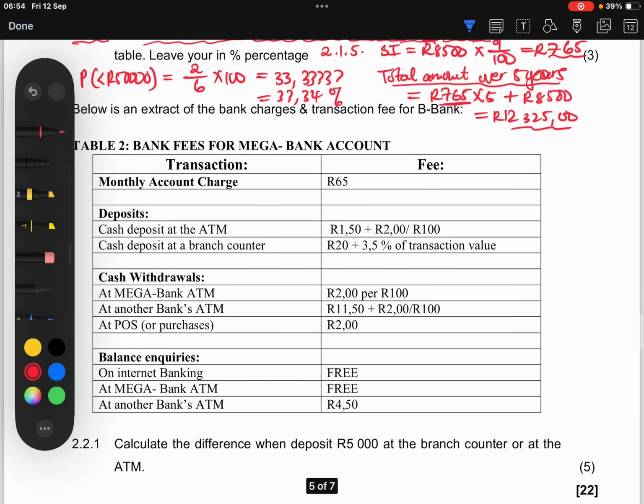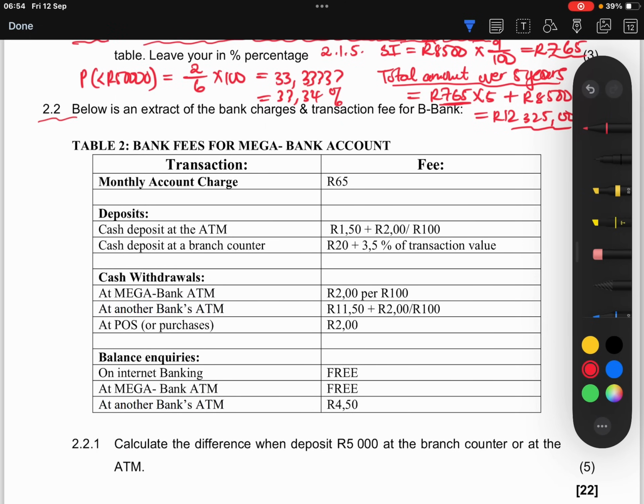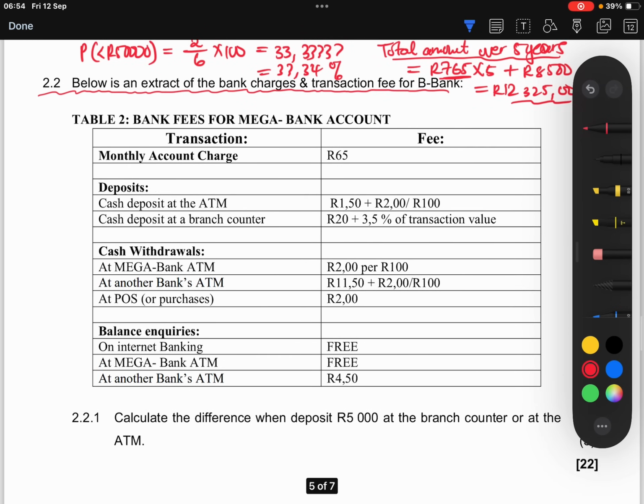Now, let's look at 2.2. It says below is an extract of the bank charges and the transactions of the B bank. So this is the B bank, not Mega Bank. Here's the monthly charge for the account at 65 rand every month.